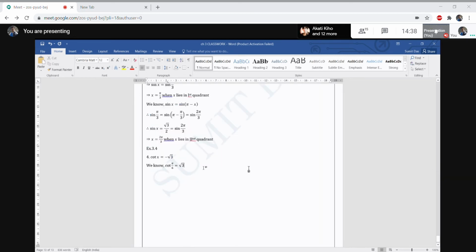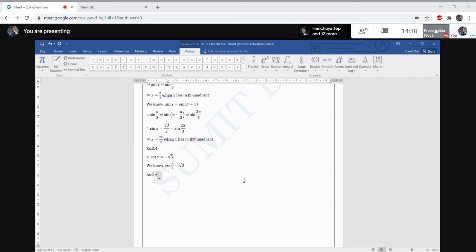We know this, and cot(pi minus x) is equal to minus cot x. Okay, so here just put pi minus x.